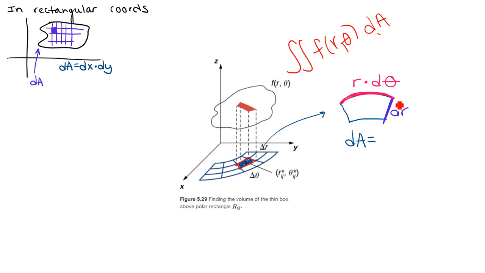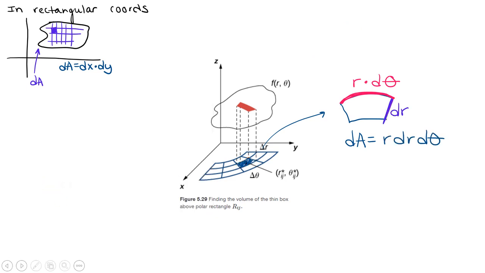So the width would actually be dr, our change in radius right here, but our length is technically an arc length. And arc length is defined to be radius times angle theta. And so this in pink right here, this arc length would be whatever the radius is times our change in theta, d theta.